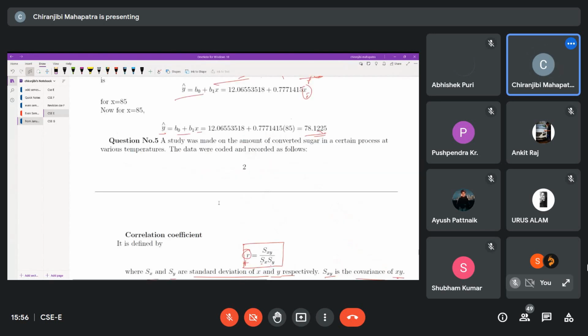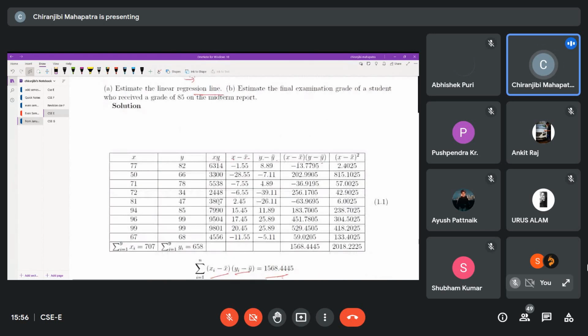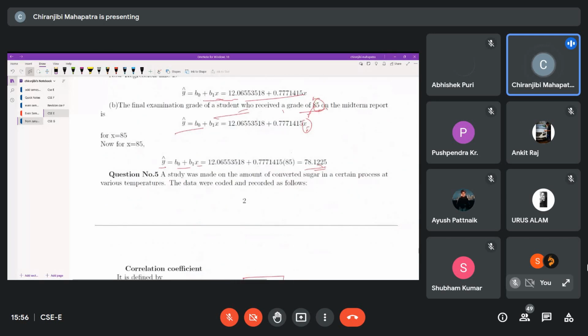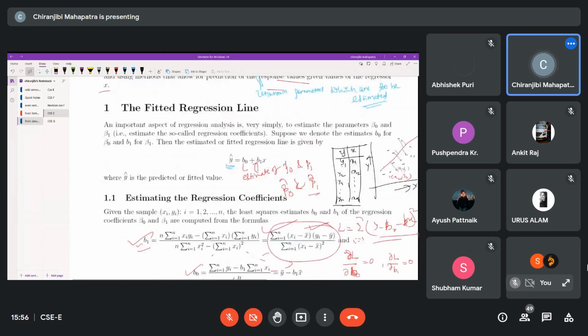Okay, then we have found out the regression coefficient, how to find out the regression coefficient and what is the use of it, how to predict, like here we have predicted for another data point that is not there in this.